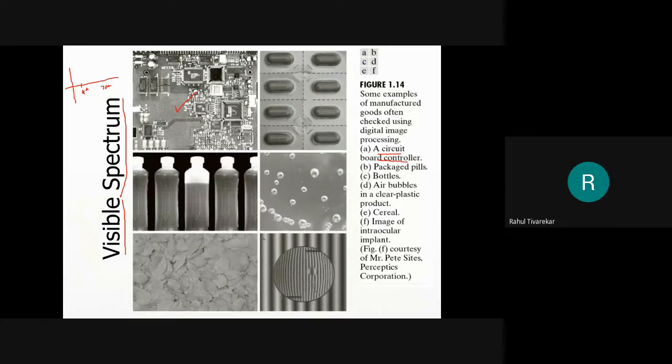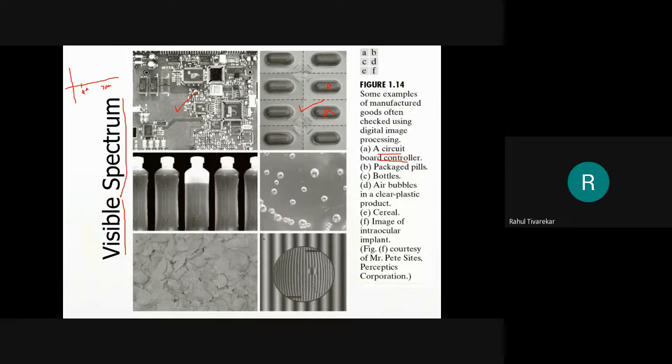This kind of image can be used to check if the medicine or tablet packet is completely filled or not. If there is any missing tablet, or unfilled or broken tablet, then that packet will be rejected.